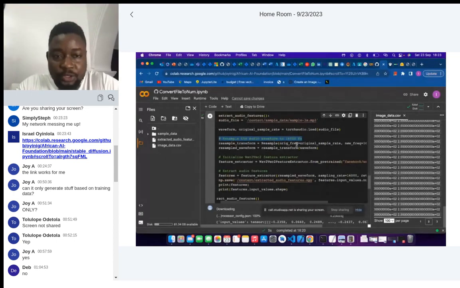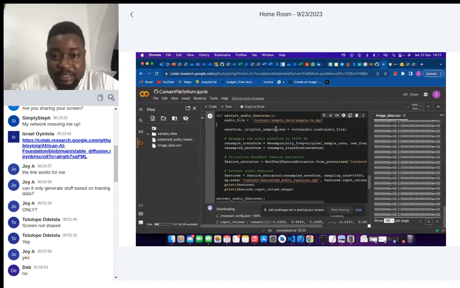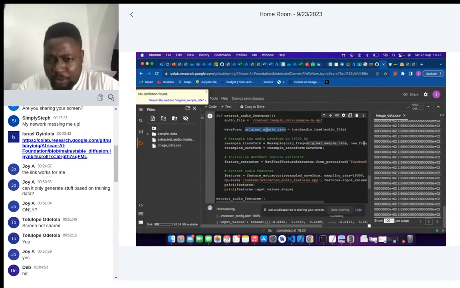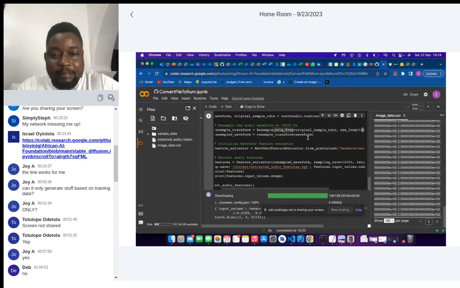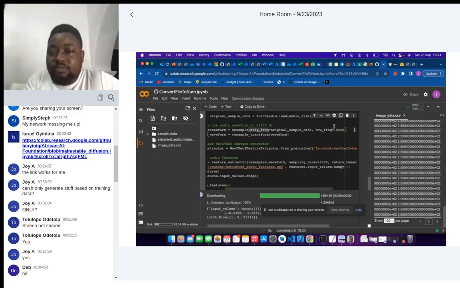So what I'm doing here is taking the original frequency data. Immediately after I loaded the audio, I got the frequency. I can print that actually. So this is the original frequency. I'm converting it to 16 kilohertz because I'm trying to use a feature extractor that has been trained on 16 kilohertz frequency.